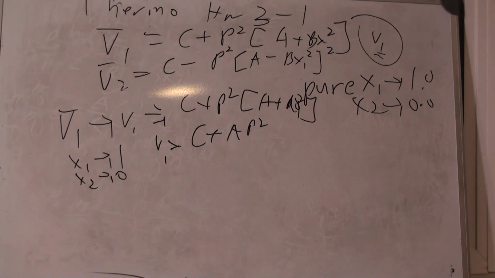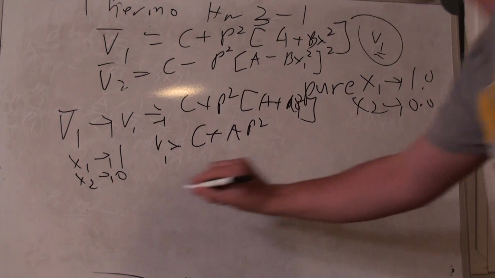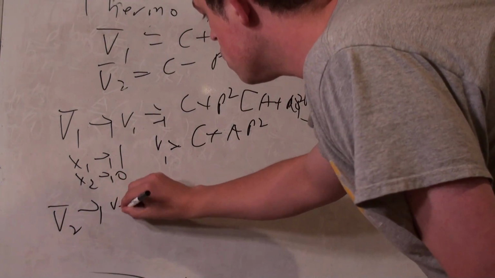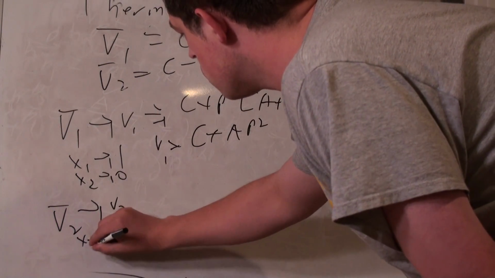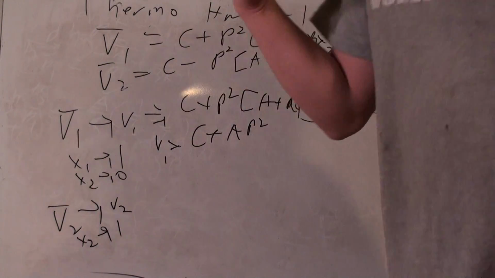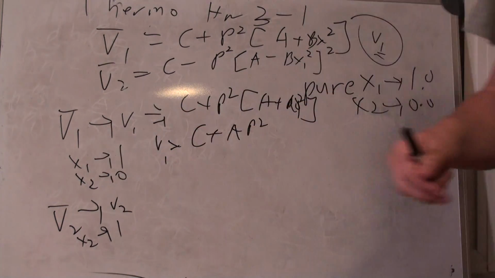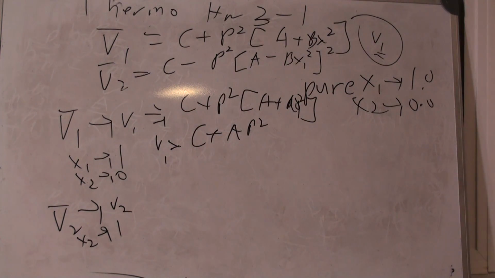What about v2? Well, it's the same thing except it's the reverse. Okay, so partial molar V2 goes to v2 as x2 goes to 1, and I wouldn't write x1 goes to 0. Okay, as a result of x2 going to 1, x1 goes to 0.